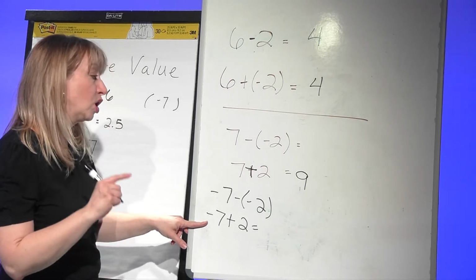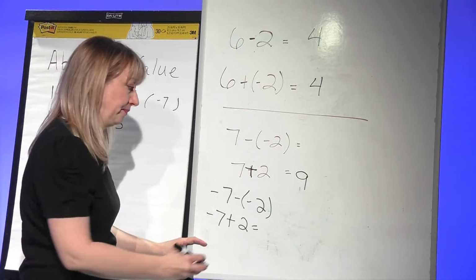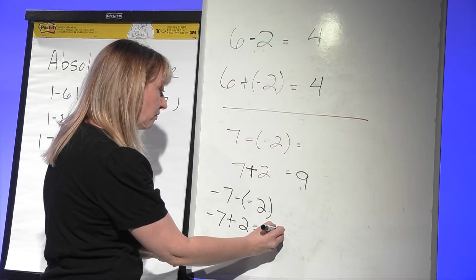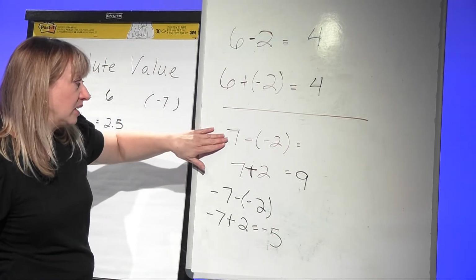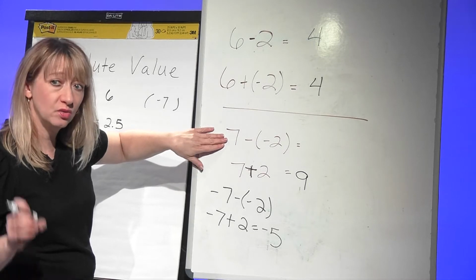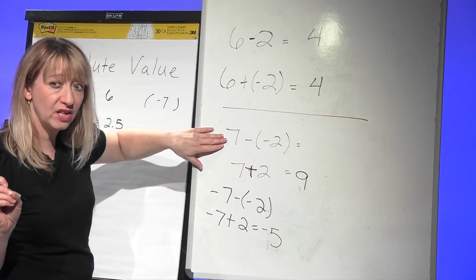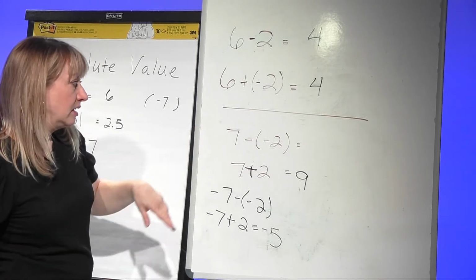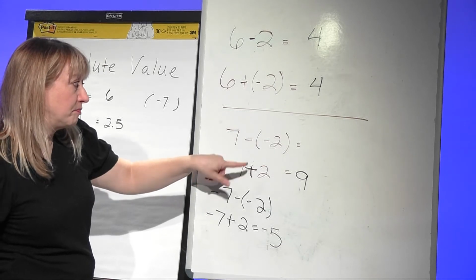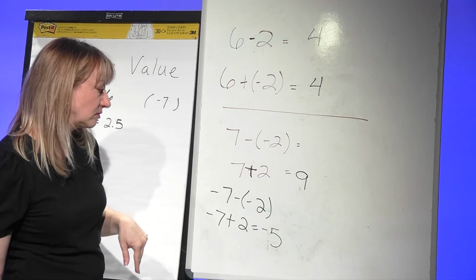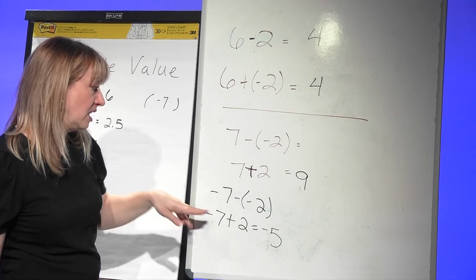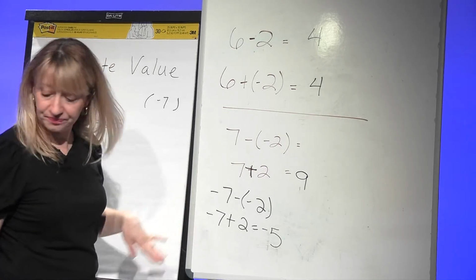Now you're going to go 2 to the right, and that will give you a -5. So always look at where you're starting. That's why the number line is helpful, because you can put your pencil on that number and move it to the left or the right. Here we moved it to the right because these two negatives will make it a positive. Here we also moved to the right, but we started at -7.